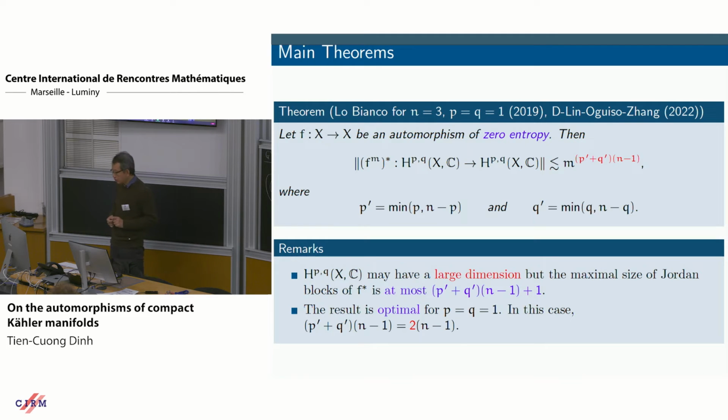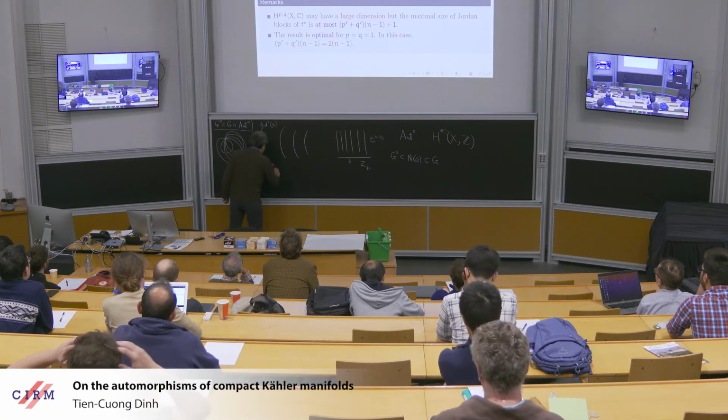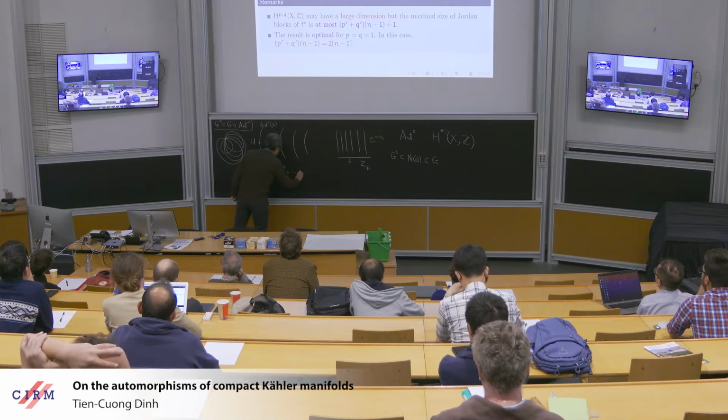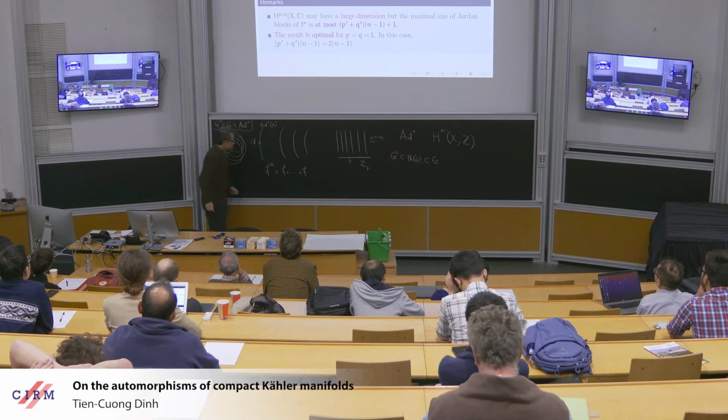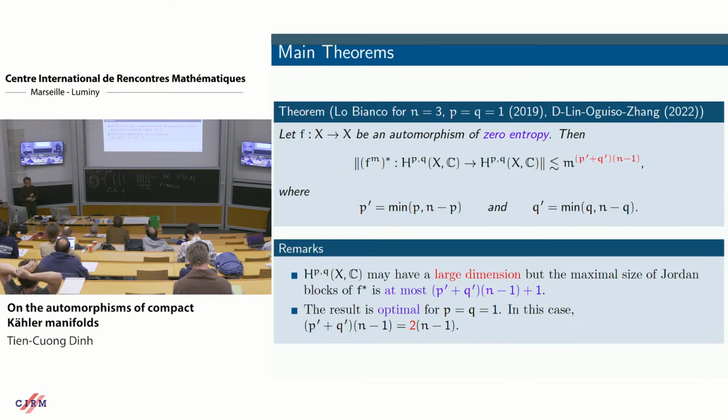So then we can show that when you iterate, so F^m for us is the iterate of order m of F. The action of F on cohomology is given by a square matrix. So when you iterate it, it's equivalent to take the power m of this matrix.